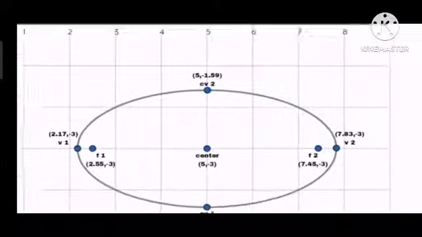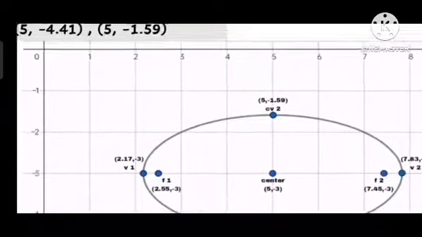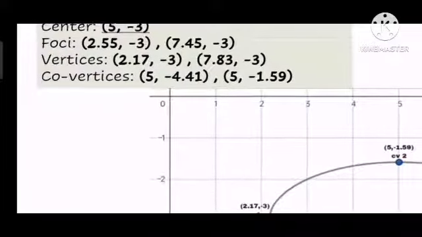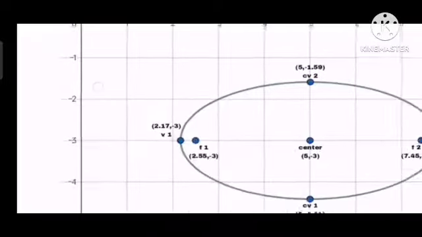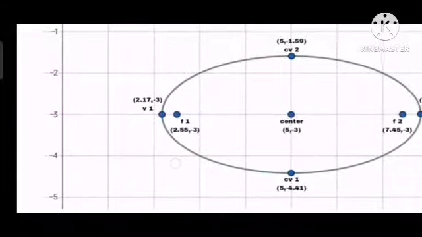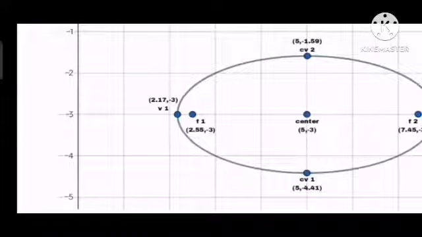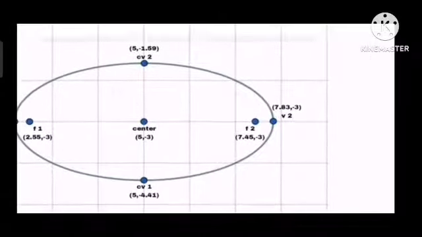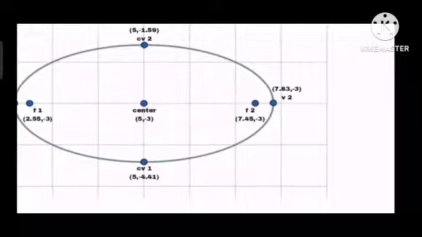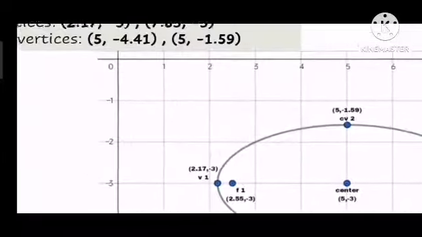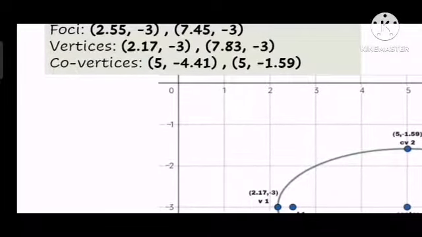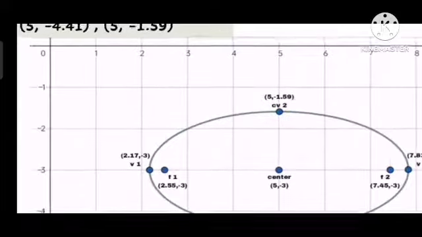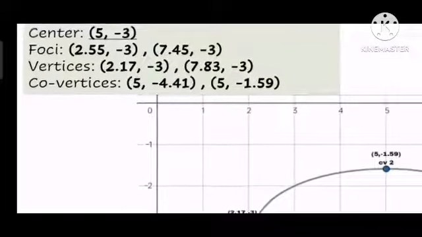So, here. Next, we have the vertices. V1 is (2.17, negative 3), here, and (7.83, negative 3), here. And lastly, we have the co-vertices, those of the minor axis. Since vertices are for the major axis, the co-vertices are for the minor.